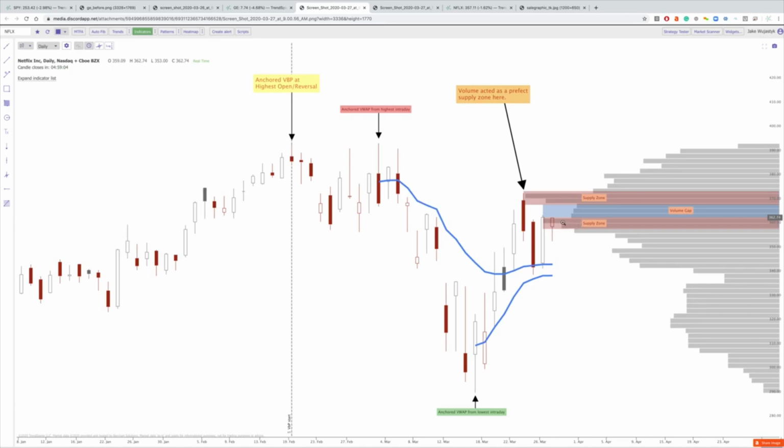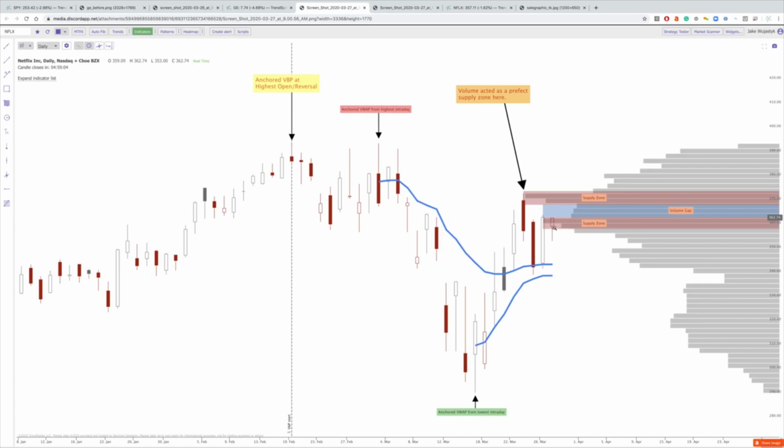Notice that this is similar to SPY. I did note this as a supply zone because before, when we were down here, this was a supply zone because remember, as I said, when the price is below this volume bar, it's a supply zone. And if you look at the intraday action, you'll see that Netflix had some trouble initially breaking through this supply zone. You had to get through that wall of sellers.